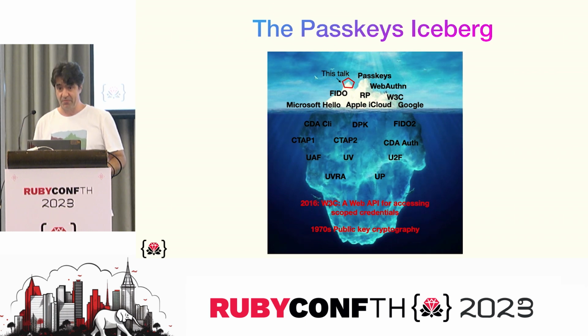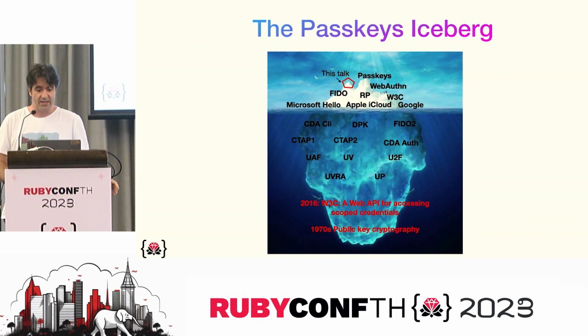Here, the passkeys iceberg, right? Like I said, Passkeys uses public key encryption, which is a technology that started being created in the 70s. In 2016, the first W3C web authentication standard was published. And you have all these acronyms below the water level and all of those above the water level that they all play a role so passkeys can be a reality and our users can have a stronger, secure replacement for passwords.